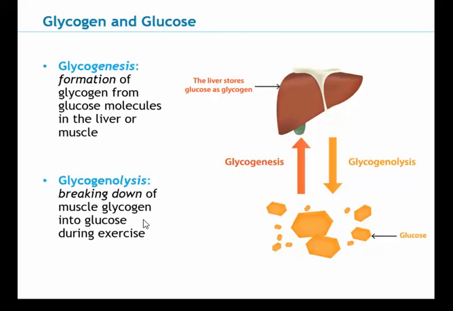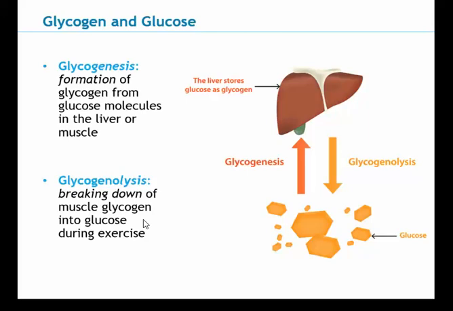So just to recap this, liver storage is used to restore blood glucose levels when declining, like during a fast between meals when blood sugar drops. The muscle storage is used to restore glucose levels in the muscle cells during exercise.